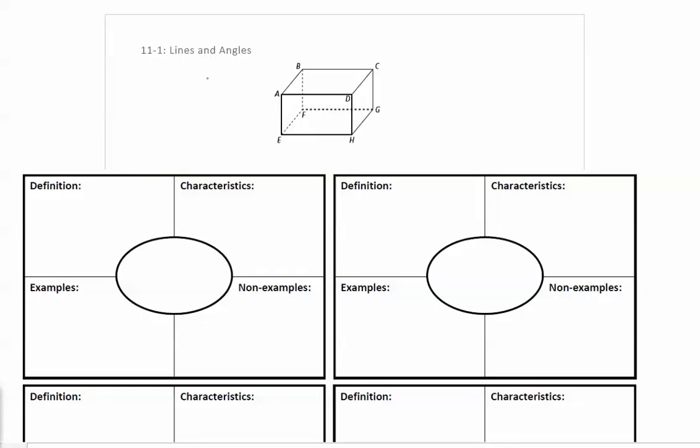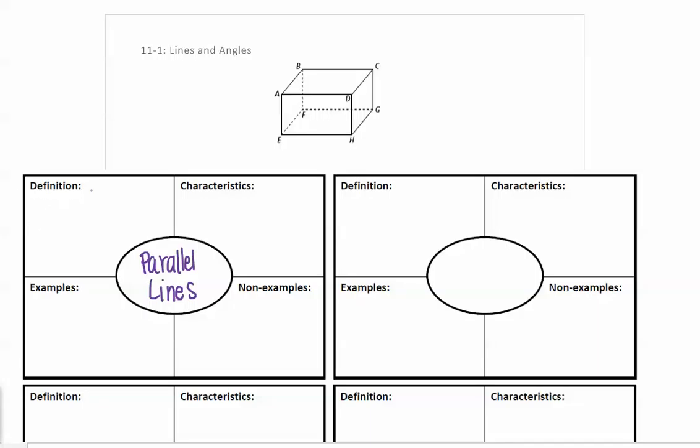So the first one is parallel lines. Now, we have learned before about parallel lines. Parallel lines go in the same direction and they have the same slope. They don't intersect. We're going to give it a slightly more geometric definition though.